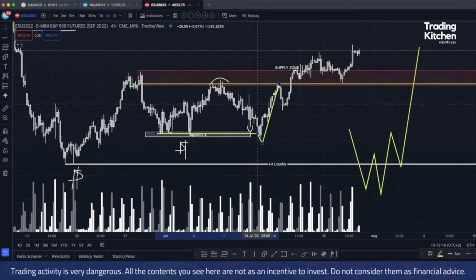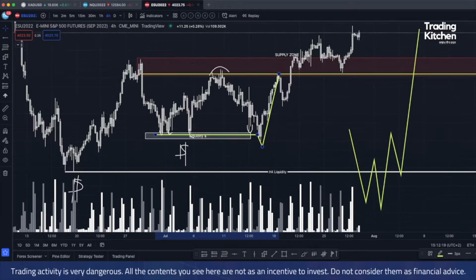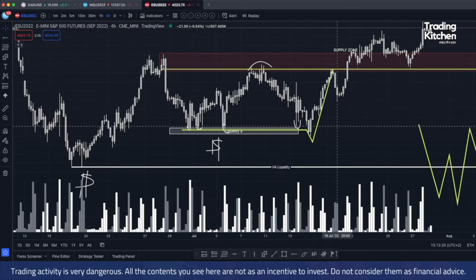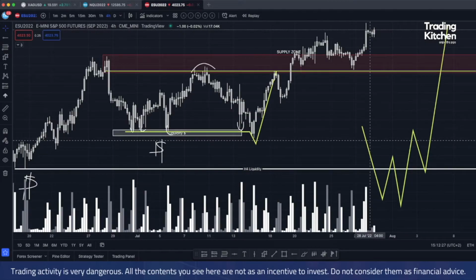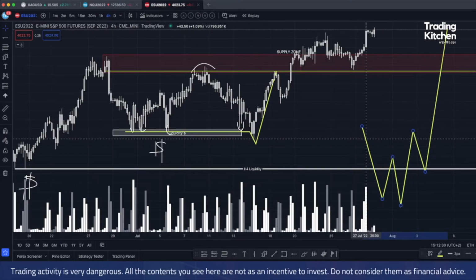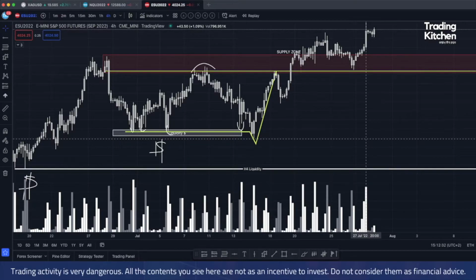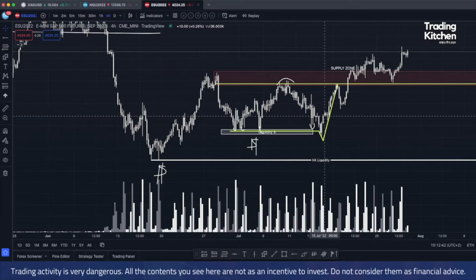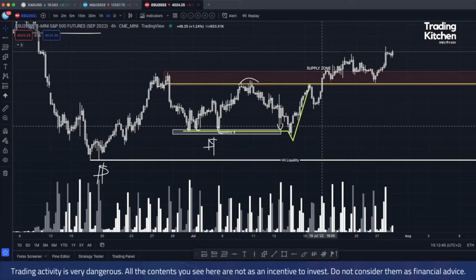This kind of movement always happens close to the US session opening or London opening. Okay, so 1 hour before and after 1 hour the opening of London and US. So this is another thing to keep in mind.